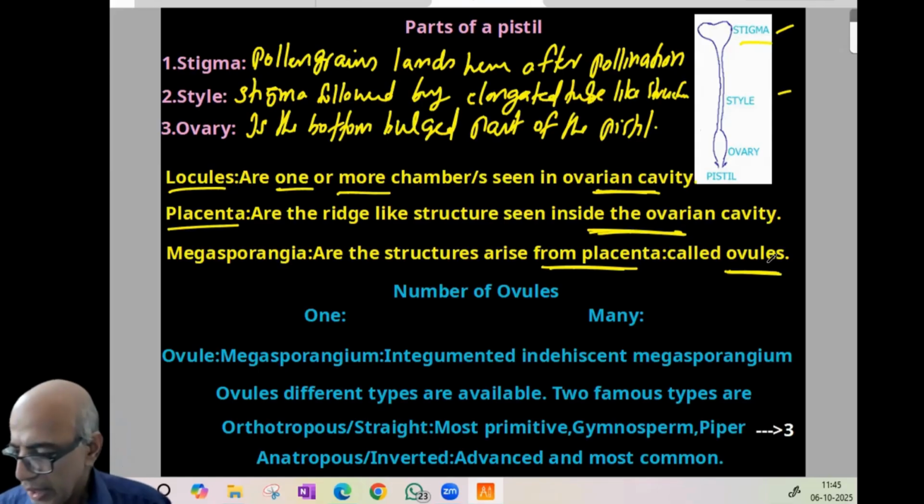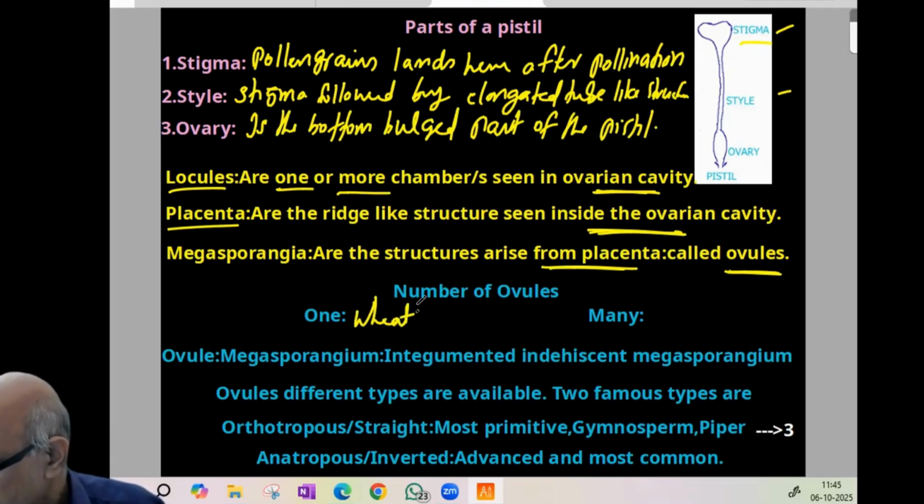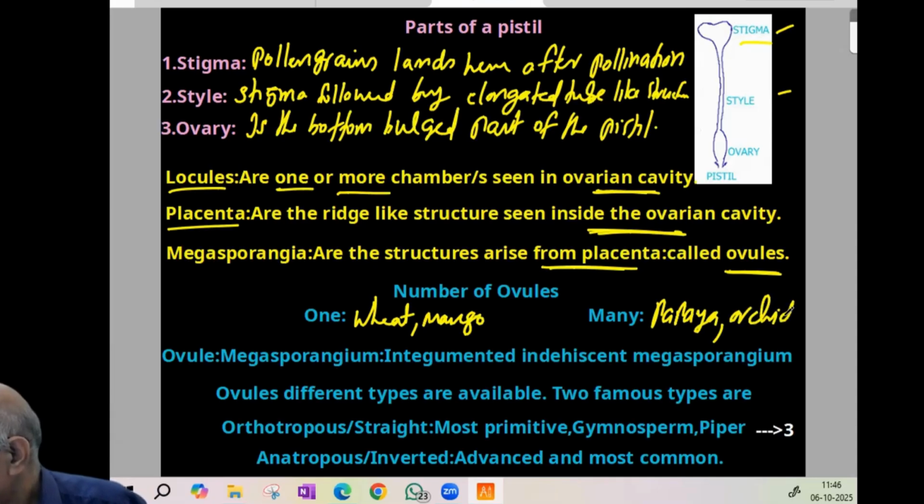Number of ovules: it can be 1, typical examples being wheat and mango. Or many, as in the case of papaya, orchids, etc. Now what is meant by ovule? Ovule is otherwise called megasporangium.